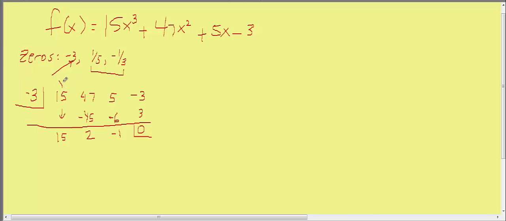Since we started with an x cubed, then what we have with these coefficients is 15x squared plus 2x minus 1. Now, since these other two are actually rational too, I know that I can factor this. So let's say you didn't have this. Well, we could take this and factor it.